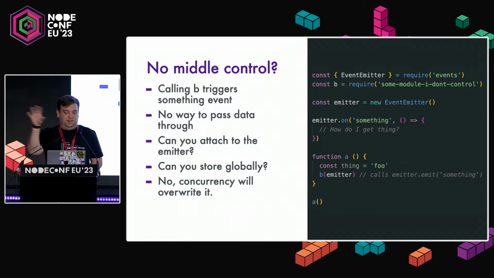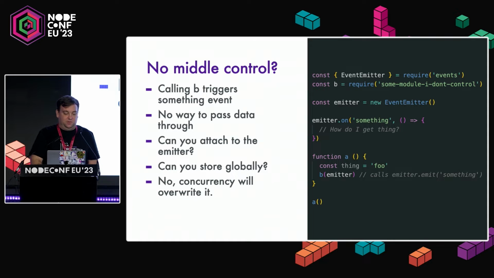So here there's this module you don't control. Calling B triggers this something event. There's no way to pass data through this B function. You got this from somewhere else, and you've no idea what happens in this B. It could do a whole bunch of async stuff somewhere and then come back to you. Who knows?